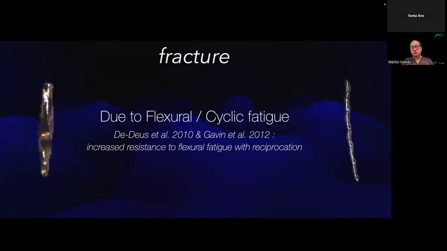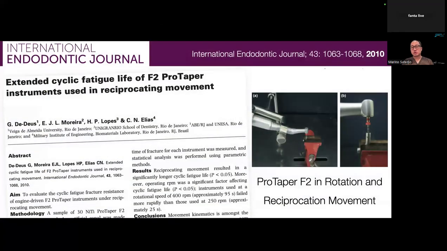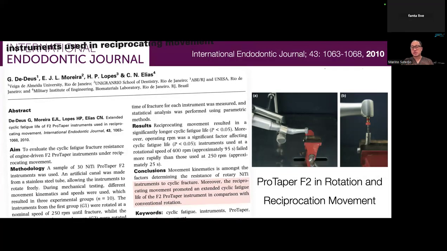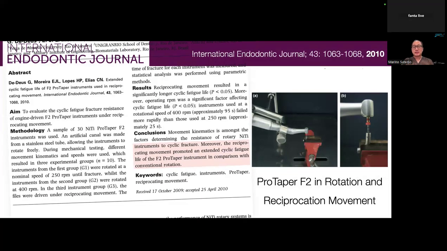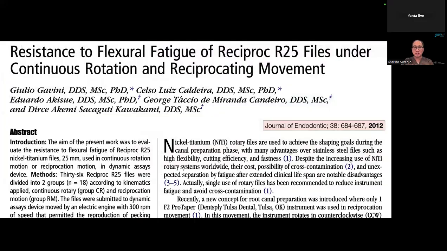So these are the two causes of instrument fracture. Let's talk about how reciprocating motions answer this. About flexural and cyclic fatigue, we can see from the literature and the studies, comparing the same instrument, the ProTaper F2, in rotation and reciprocating motions, they all agree that the reciprocating movement extends the cyclic fatigue life of the ProTaper F2 compared with rotation.